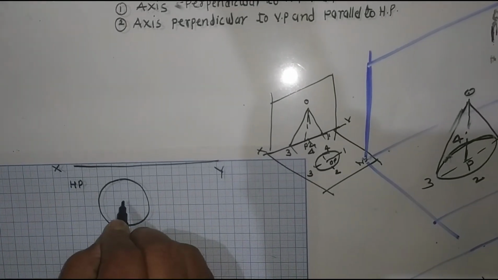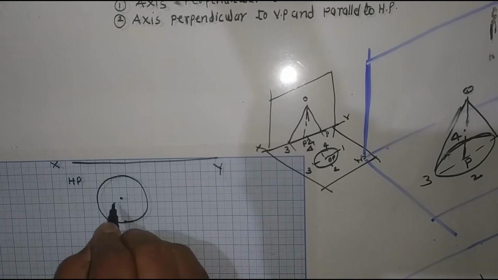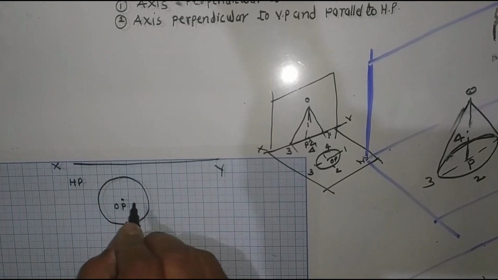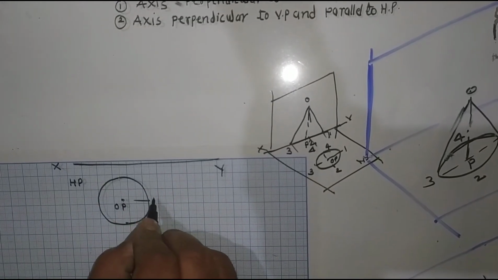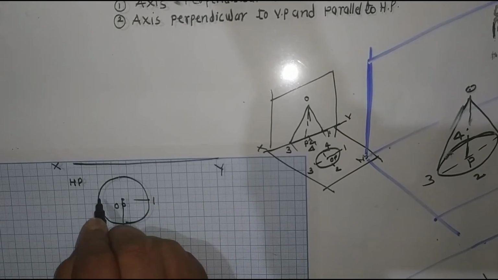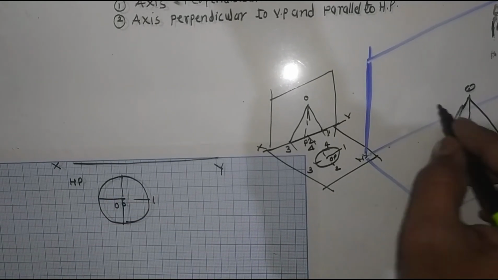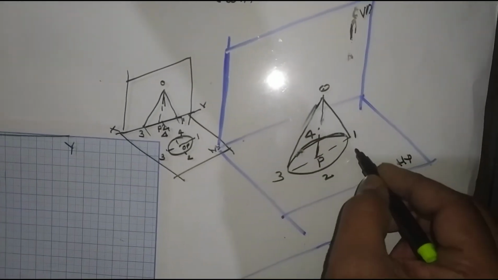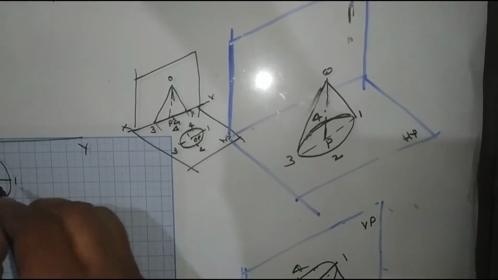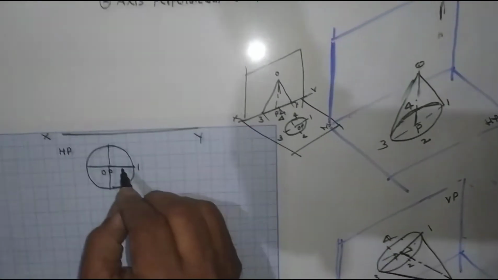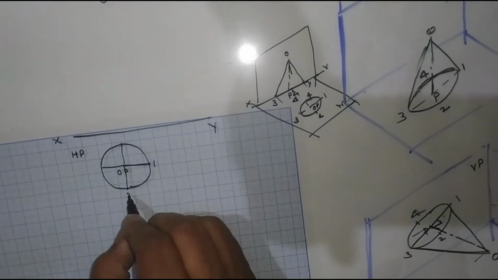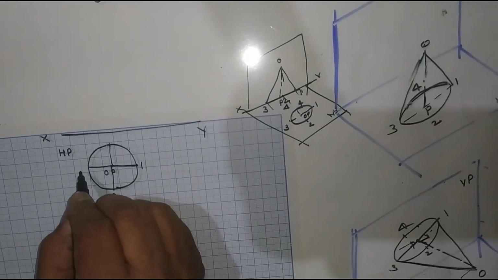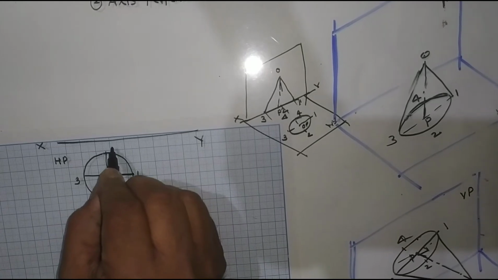So the top view you have to draw first, that is the cross section. This is the axis OP perpendicular to HP. This is 1. Now this is necessary because the lines are inclined: the line O1 is inclined to HP. So this is the projection, that is the top view: O1, O2, O3 and O4.